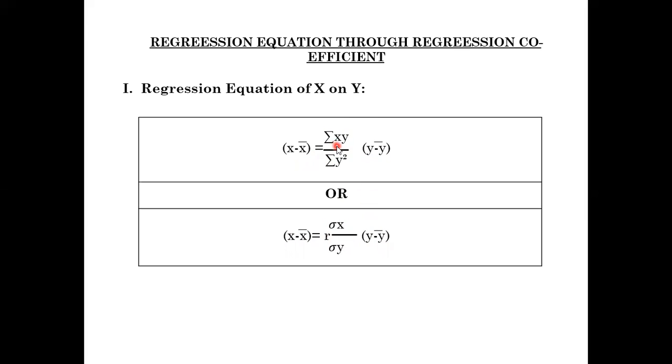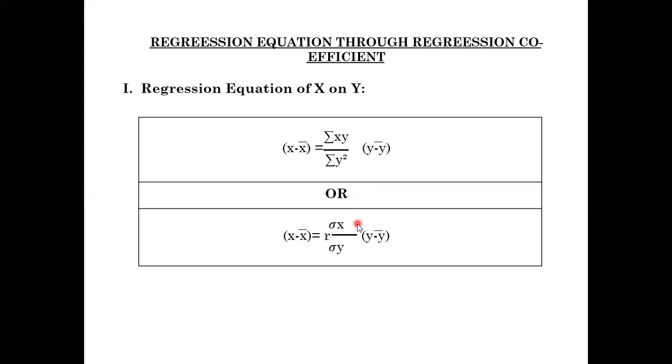If the two variables are given in the problem, then we use the earlier formula for calculating the regression equation x on y. If they directly give values like correlation, standard deviation x and y, and x mean and y mean, we apply this formula. This is the first regression equation, x on y.